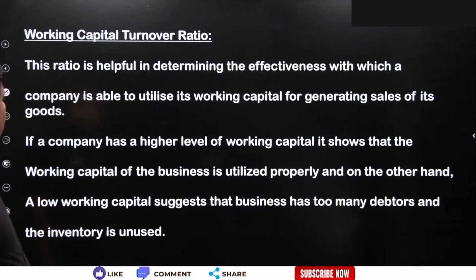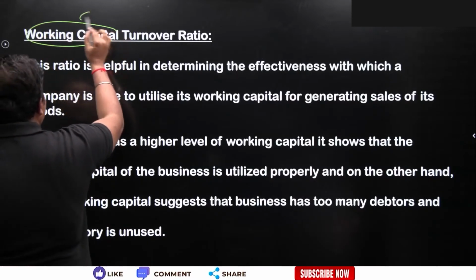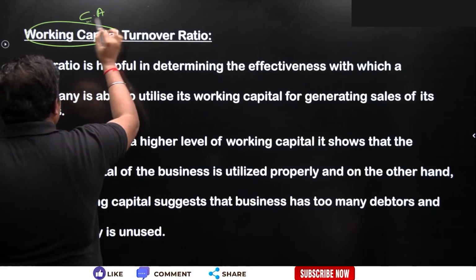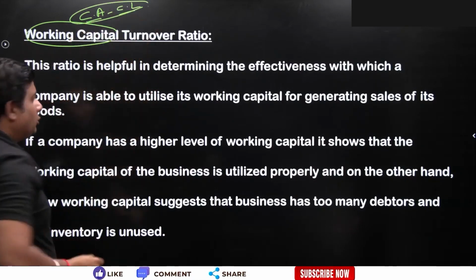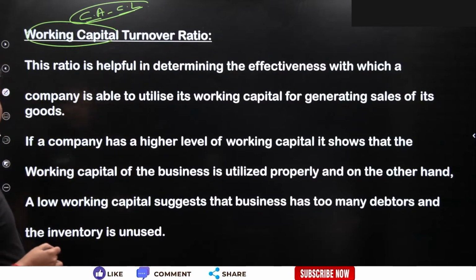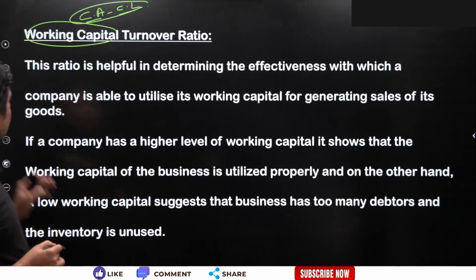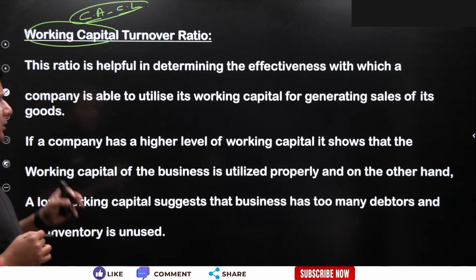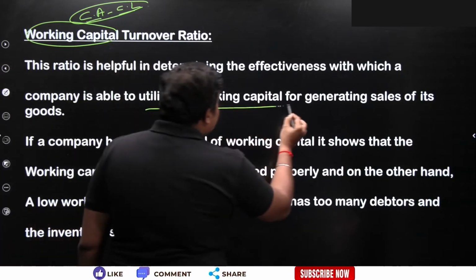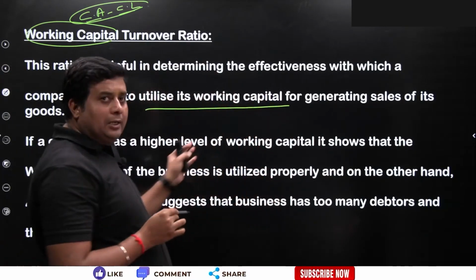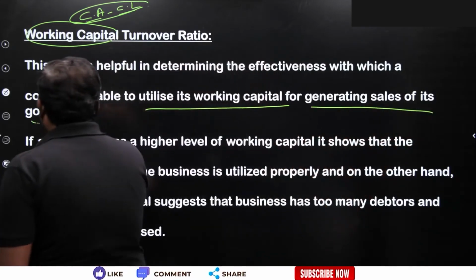Whenever I talk about working capital, one thing comes to your mind: the difference between current assets and current liabilities gives you the working capital. This ratio is helpful in determining the effectiveness with which the company utilizes working capital for generating sales of its goods.